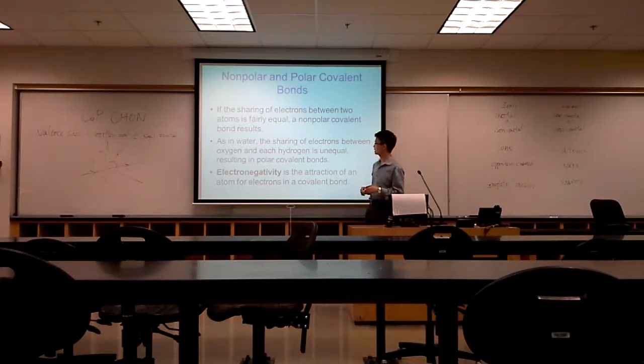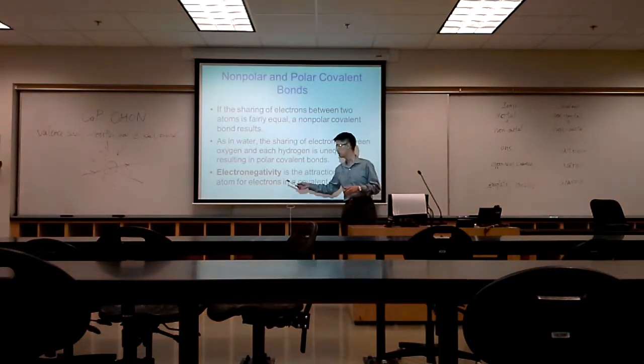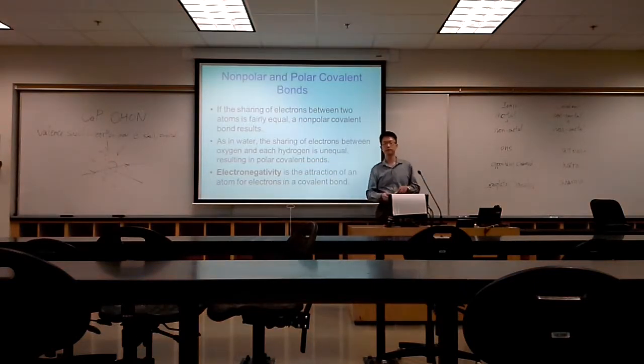We can take a look at the example of water. And before we look at the example of water molecules, we look at another term called electronegativity. Electronegativity is the term to describe the attraction of an atom for electrons.